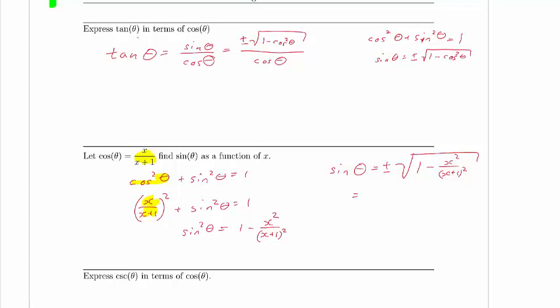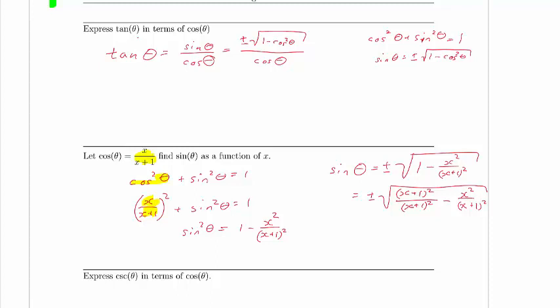Alright, so now let's go ahead and clean it up. And so here we have x plus 1 squared minus x squared over x plus 1 quantity squared. So, note that over here, we were just getting a common denominator.